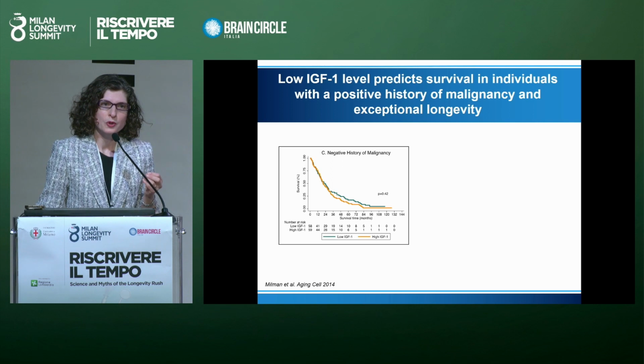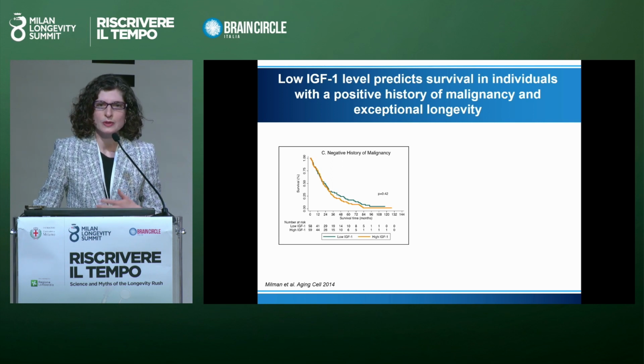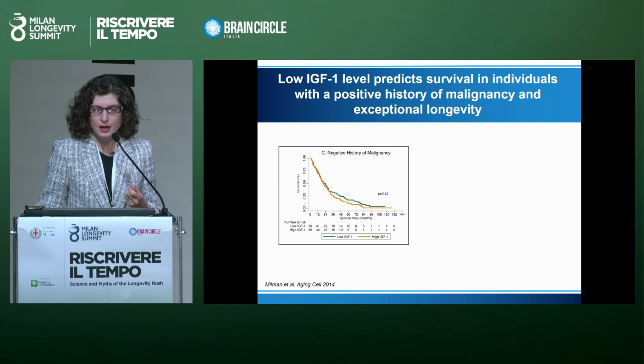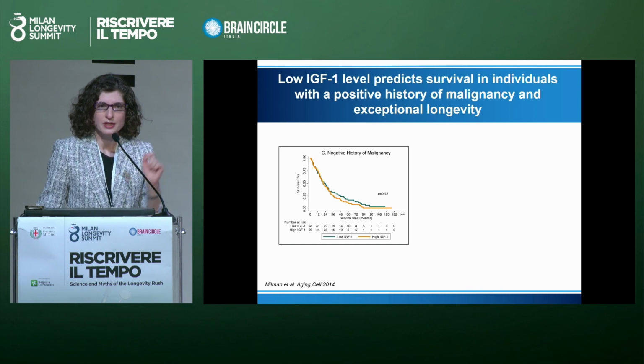Now, this is growth hormone, so it doesn't only allow us to grow taller, it also allows tissues to grow and cells to grow. So if someone has cancer, right, growth hormone can actually promote the cancer growth as well. So we looked at people who had a history or did not have a history of cancer. So in those who never had cancer in their life, it didn't seem to matter what your growth hormone level was.